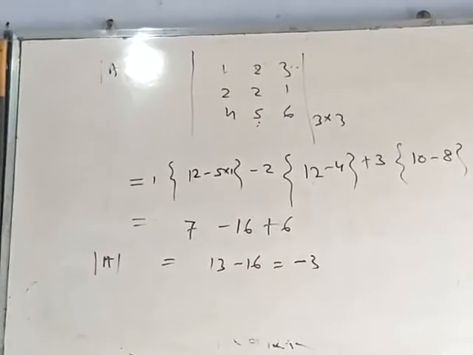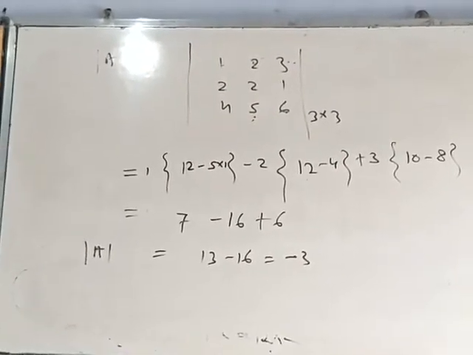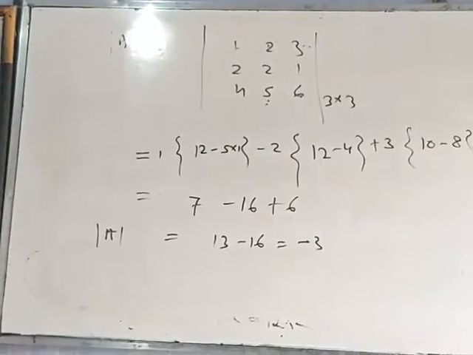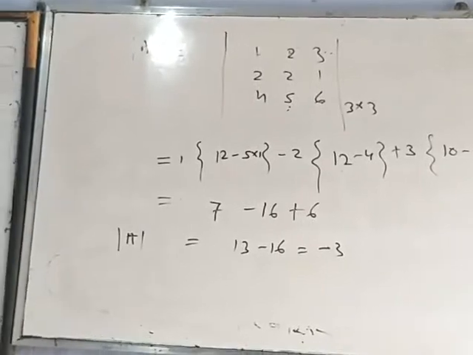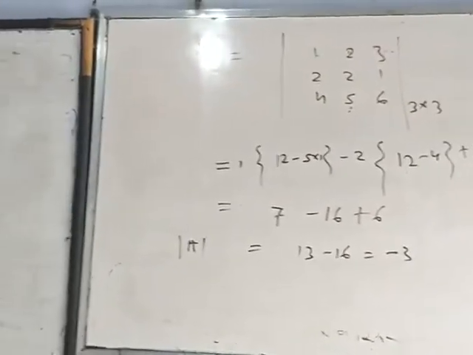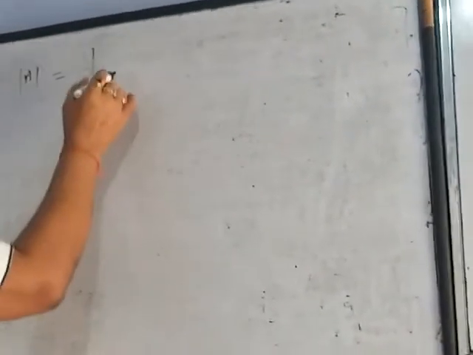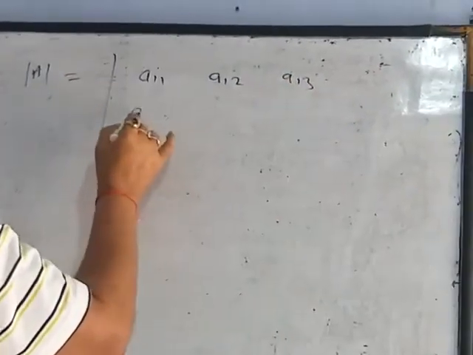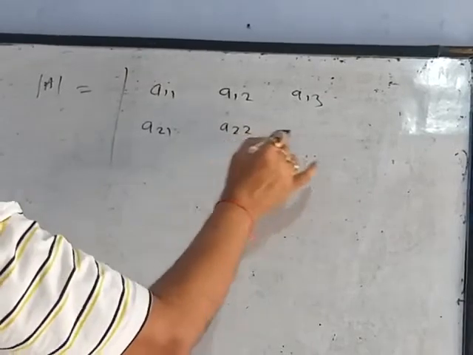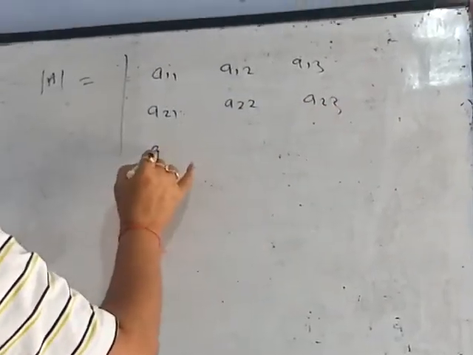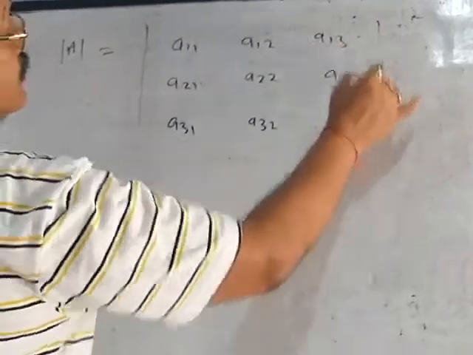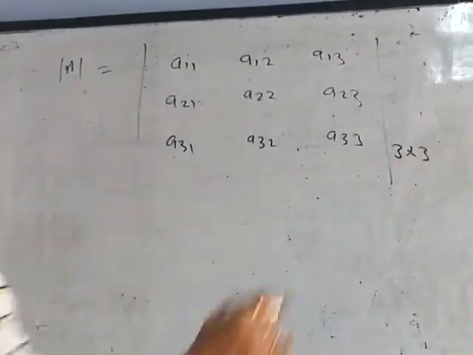As an example, suppose a determinant is a11, a12, a13, a21, a22, a23, a31, a32, a33. It is a determinant of order 3.